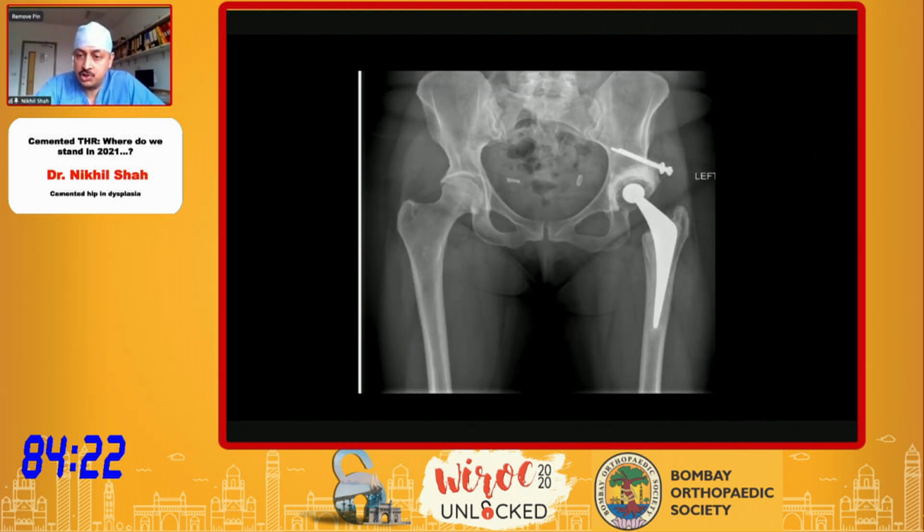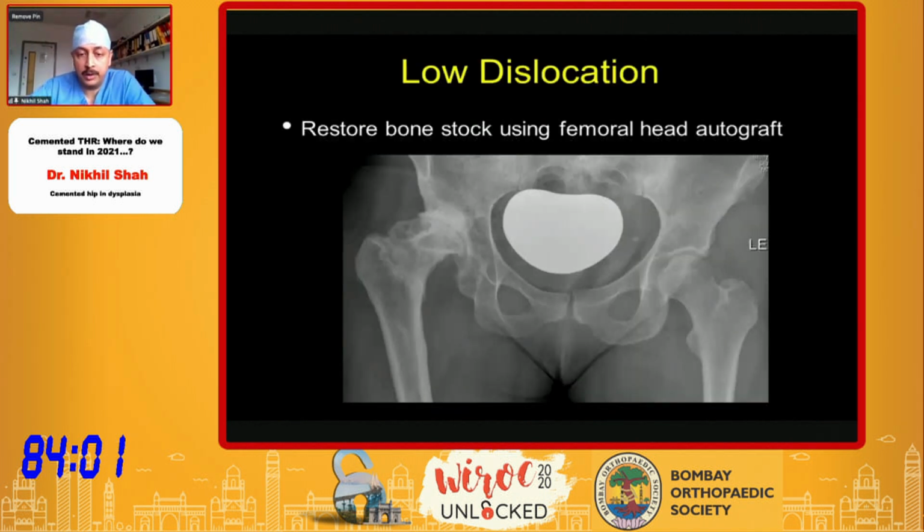Use a structural femoral head autograft and fix it with screws. And what we found at Wrightington at about 15 years, 70 to 75% of these bone grafts are doing quite well. And when you go in for revision surgery, you get better bone stock in the acetabulum. The unloaded portion of the bone graft does tend to resorb with time.